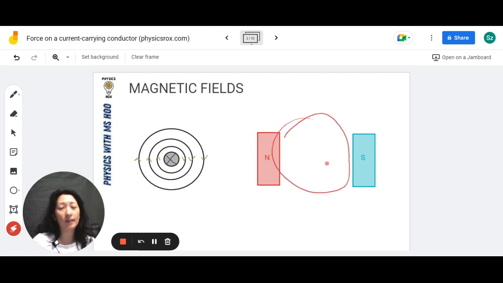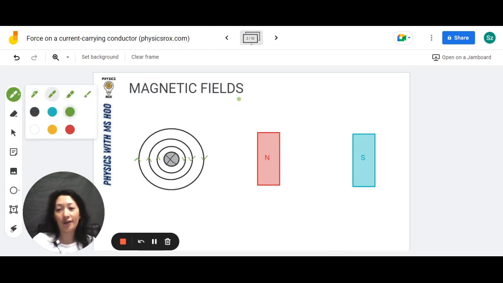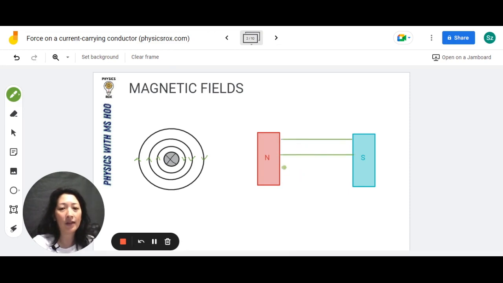Because we're focusing on what's between these two magnets, we'll just assume this is the north pole, the south pole. Long story short, a magnetic field is formed between the two permanent magnets. Magnetic field will flow from north to south. What I'm drawing here in green represents the magnetic fields formed between these two permanent magnets.